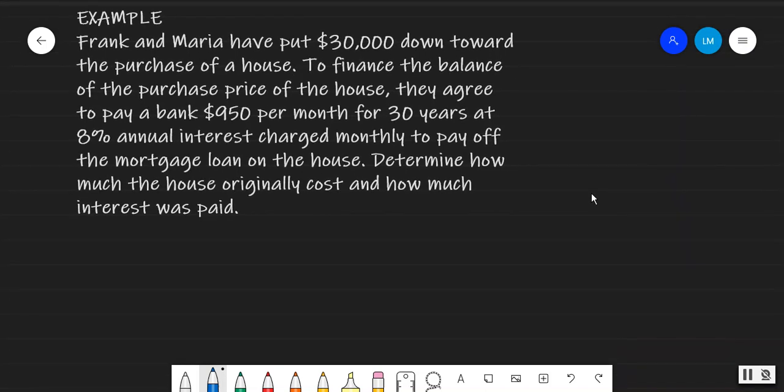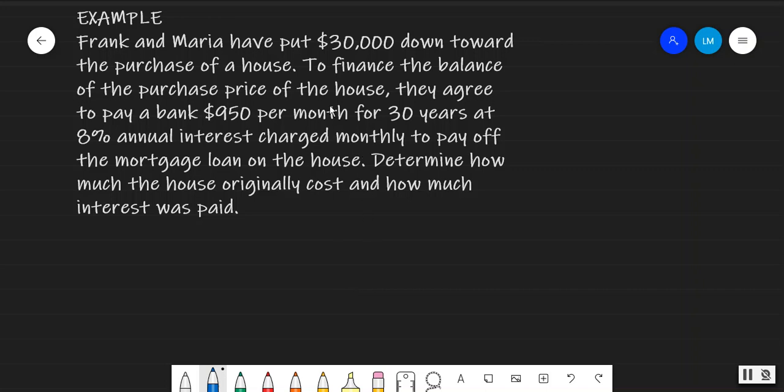To finance the balance of the purchase price, they agreed to pay a bank 950 per month for 30 years at 8% annual interest, charged monthly, to pay off the mortgage loan on the house. Determine how much the house originally cost and how much interest was paid.